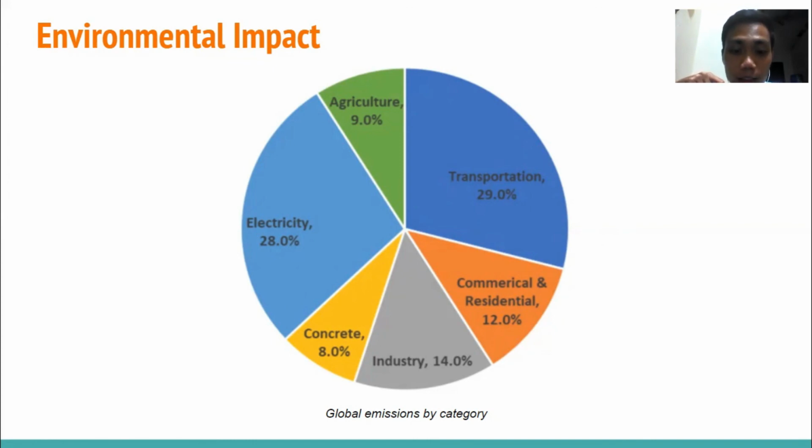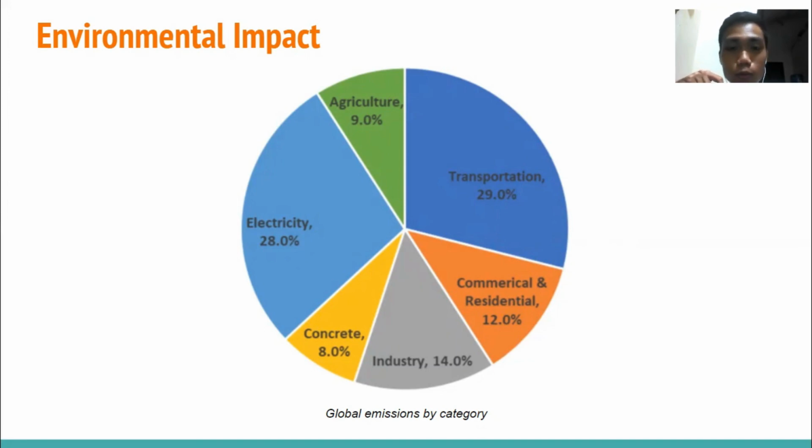The cement is the true problem when it comes to carbon footprint. So the cement process is the sole reason why the concrete industry contributes up to 8% of the overall global emissions by category.